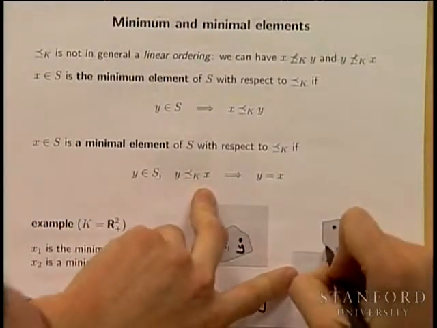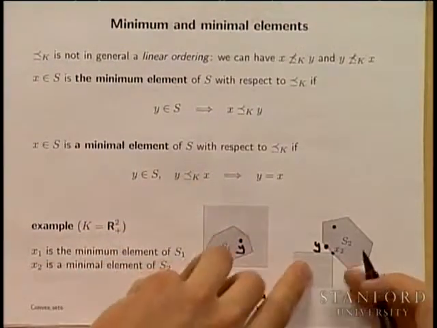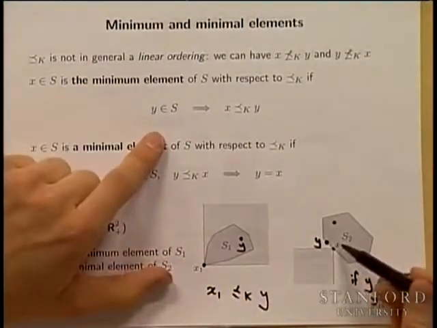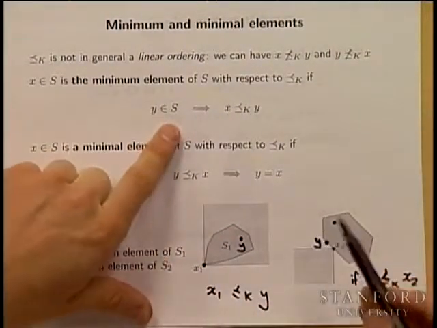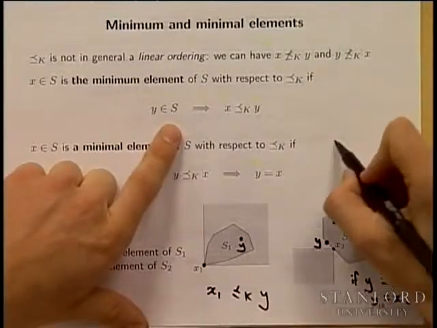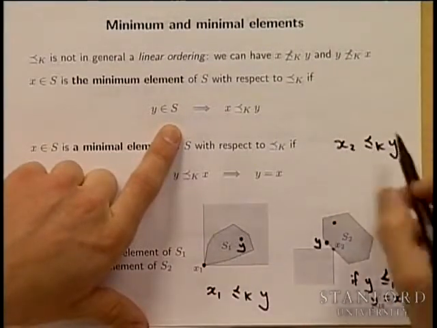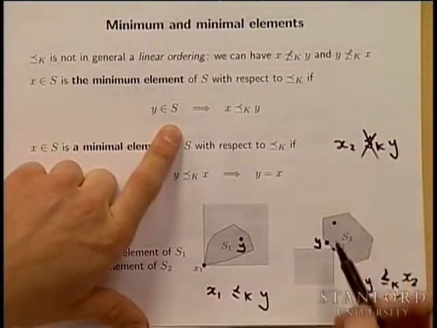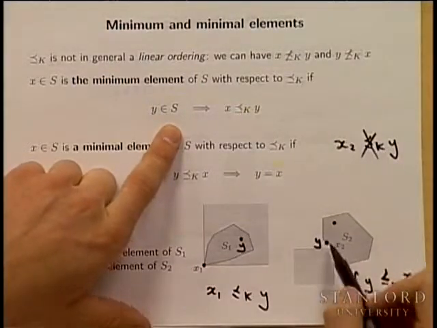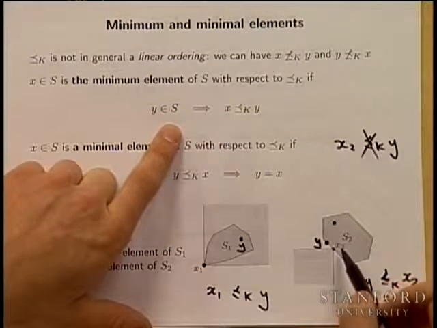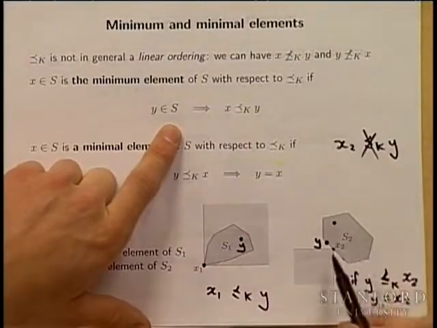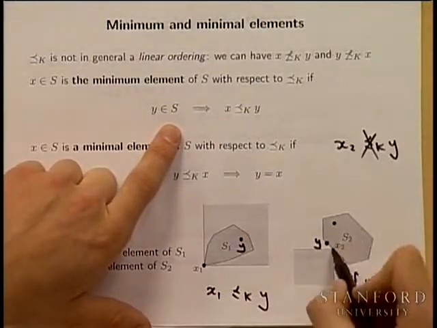So here's a point, for example. Make that y. Now, x2 is not a minimum element because for this y, I cannot write x2 less than or equal to y in the k sense. I can't do that because it's not a linear ordering, so that's not allowed. But I can say that any point that is less is actually the same point.